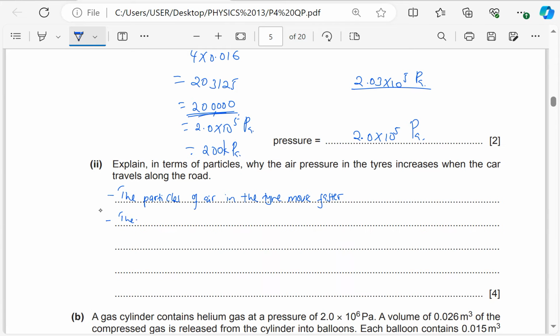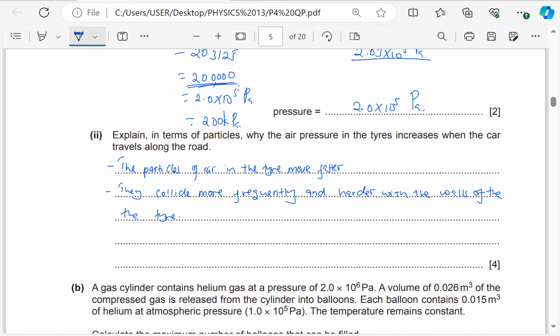When they move faster, they collide more frequently and even harder with the walls of the tire.